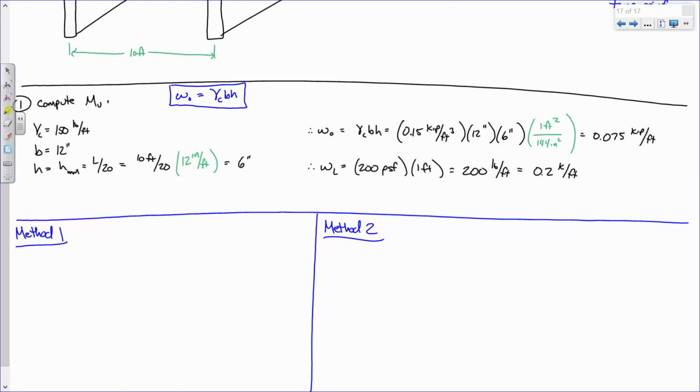So we have a self-weight of 0.075 kips per foot, a dead load of nothing, and this. Does that make sense? So method 1 is what we've been doing this whole time, okay? Which is, we say, okay, let's factor this.